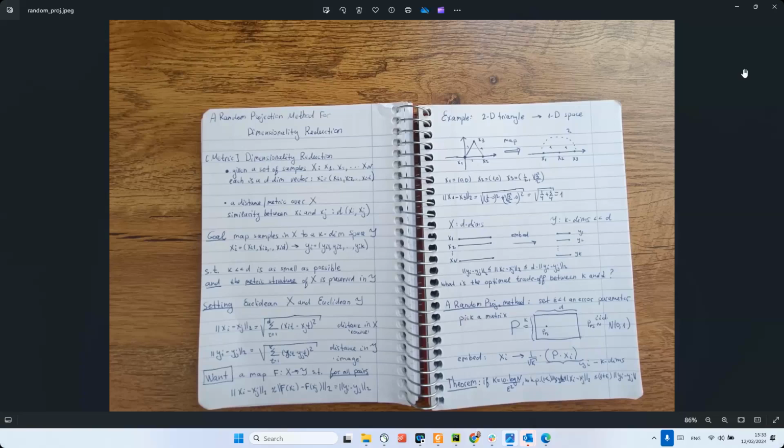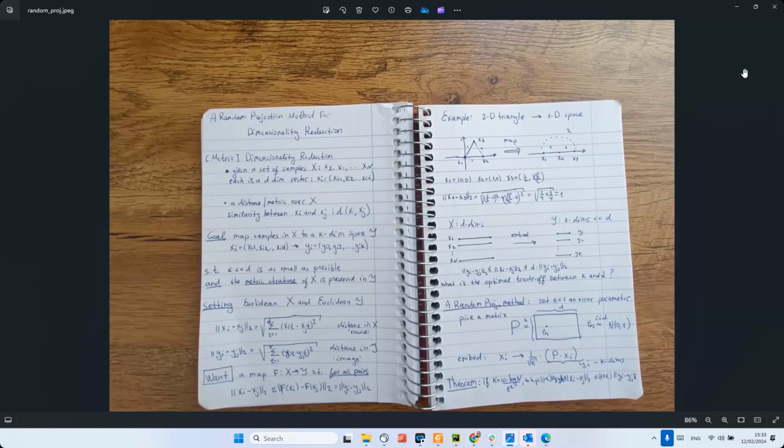And only for a tiny fraction of the matrices, if you pick one of these bad matrices, you will not have this guarantee. The distances will be distorted by a large factor. But this fraction is very small, so by repeating your algorithm several times, you are guaranteed that in one of these repetitions, you will pick a good matrix. So yeah, this is the result of random projection.